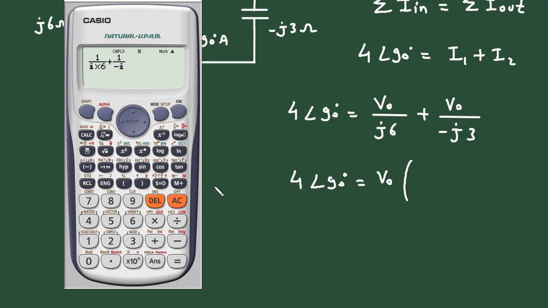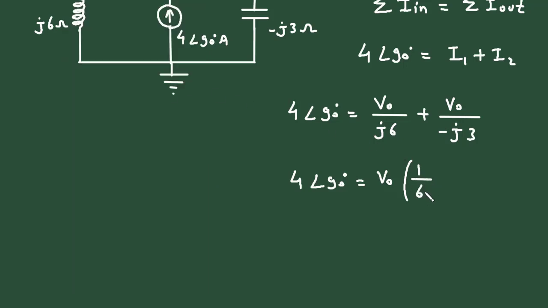It is equal to 1 by 6 J. Now VO is equal to this 4 at an angle 90 degree multiplied with 6 and divided by J. Because if this J goes on this side, so it will be divided by J.